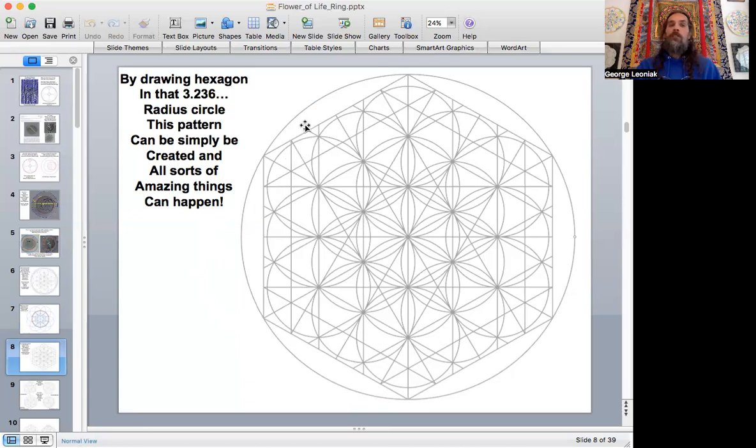But because I have this larger 3.236, the square root of 5 plus 1 radius circle around this whole thing, that gives me a new stopping point. So I just extended these little lines just enough past to meet at that larger hexagon, rather than stopping them at the node points.